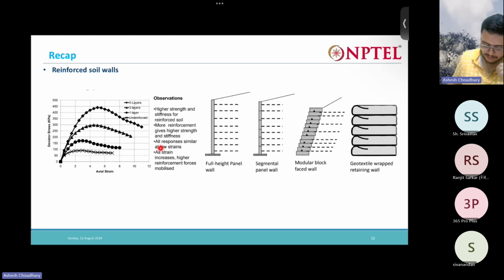In this graph, initially at very low strains, all the responses, whether unreinforced or reinforced, have the same behavior, right? At low strains the responses are very similar. Why is it so? And as strain increases, these responses differ. So initially, why at low strains are the responses similar? This is the question.